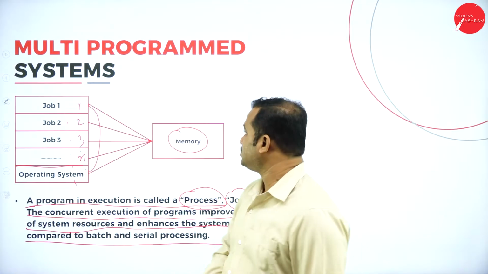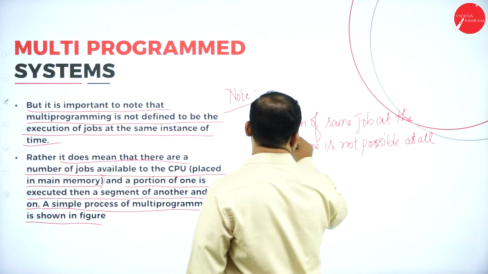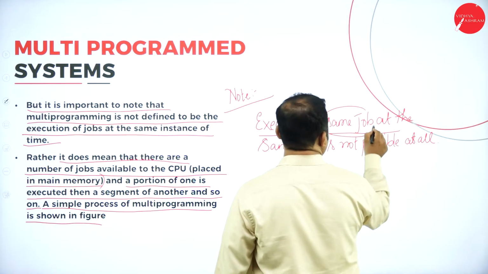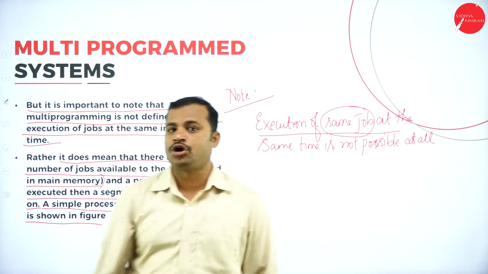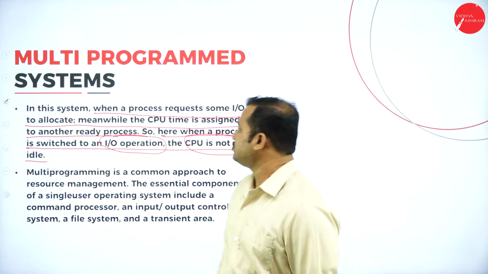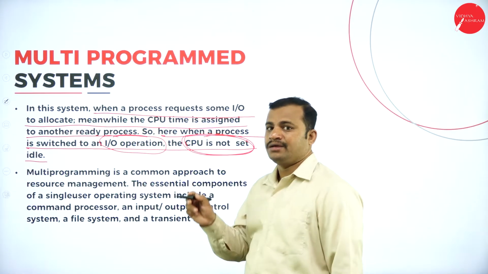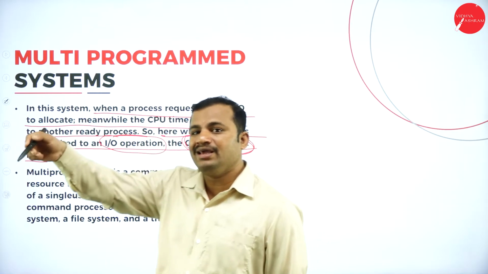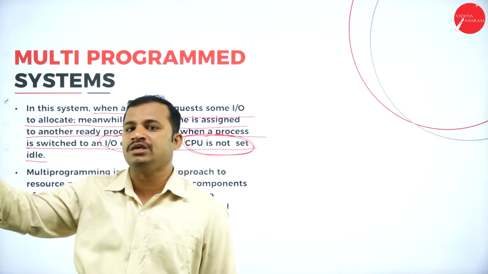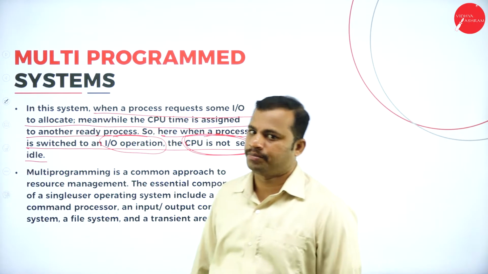But what did I state in the notice? Execution of the same job at the same time is not possible. But in this case, what I am telling now is that the CPU is not kept idle, so that the other processes which are waiting in queue can make use of that CPU.